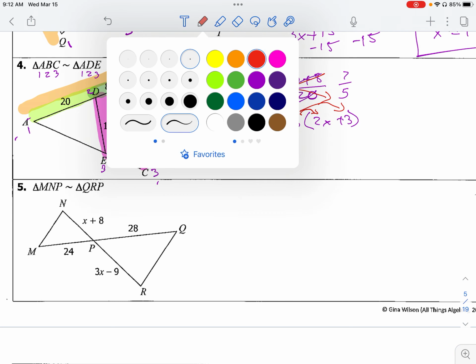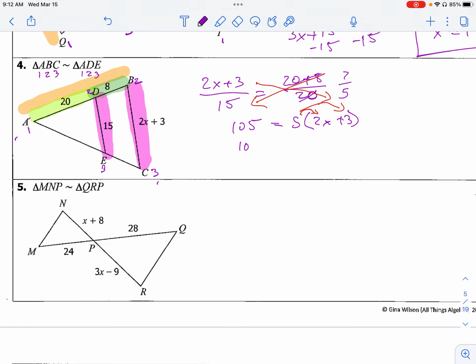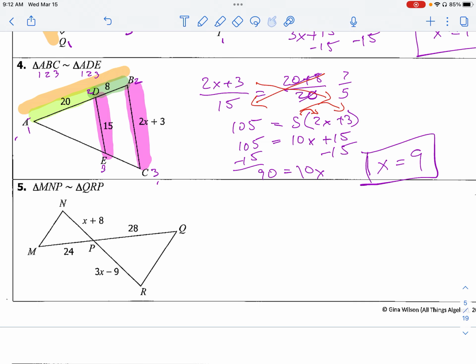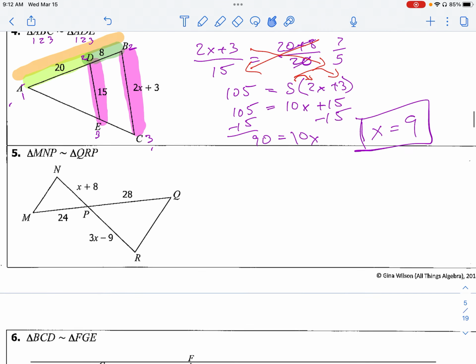We got to distribute our 5. 10x plus 15. Then we got to get our x by itself. So x is going to equal 9. All right, and you can replay this video if I went too fast for you there.